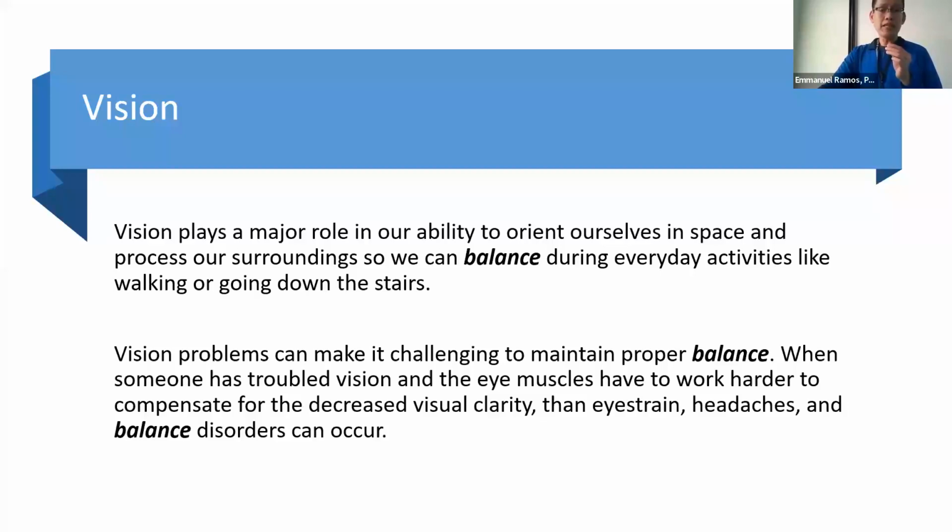Vision problems can make it challenging to maintain proper balance. When someone has trouble with vision and the eye muscles have to work harder to compensate for the decreased visual clarity, then eye strain, headaches, and balance disorders can occur. So the visual system is very important.